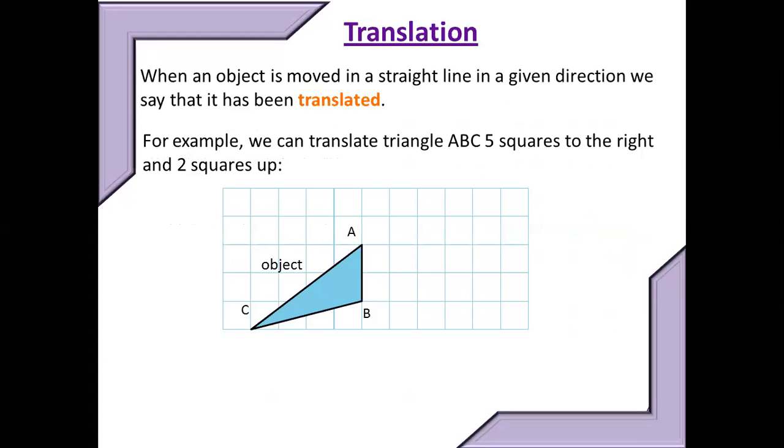Here you take the point itself and move it 5 units according to the new direction, the new position. Here 5 squares to the right. So each point you move 5 squares to the right and 2 squares up. Point A, 5 squares to the right: 1 2 3 4 5, and 2 up: 1 2. So the new position of A will be here.